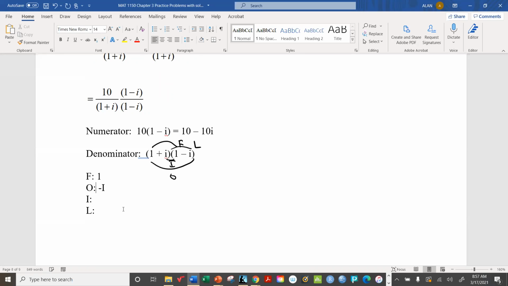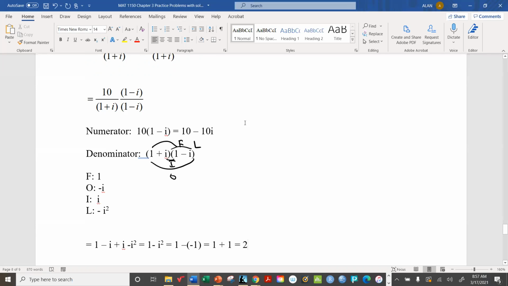I is positive i. Inner, that is positive i. And last is negative i squared. So we have 1 minus i plus i minus i squared equals 1 minus i squared. And of course, i squared is negative 1. So we have minus a minus 1, which means we have 1 plus 1, which is 2.